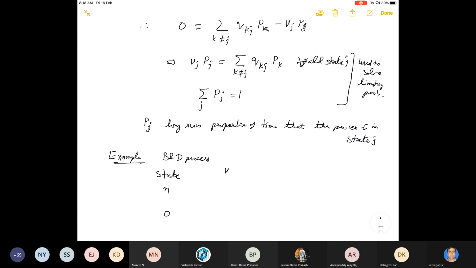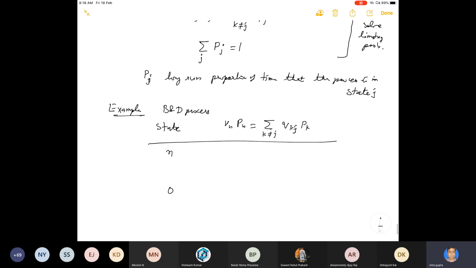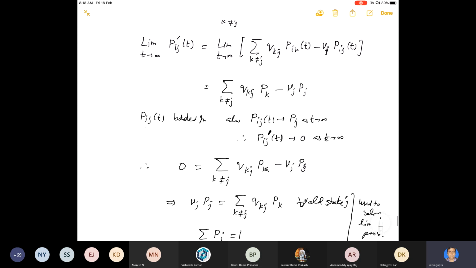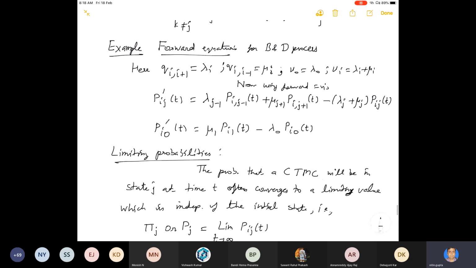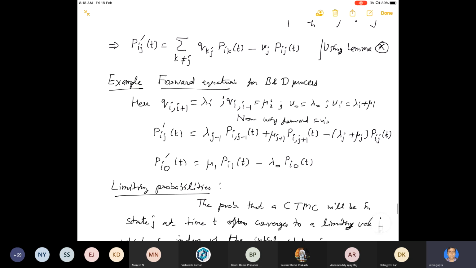So vn Pn is the summation over k not equal to j of qkj Pk. This equation comes from the forward equation, which we have already solved. Pij(t) will converge, with its derivative going towards 0.